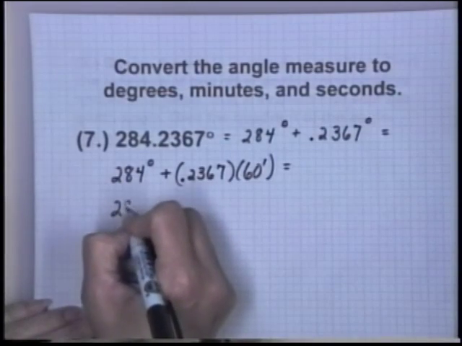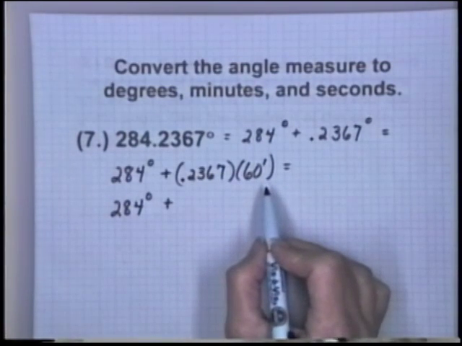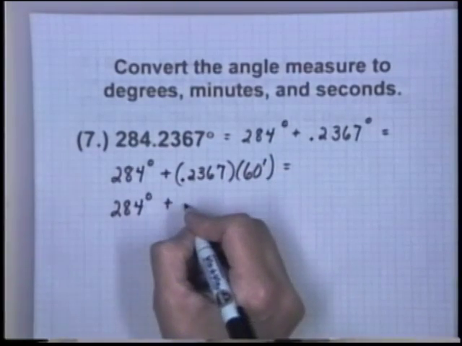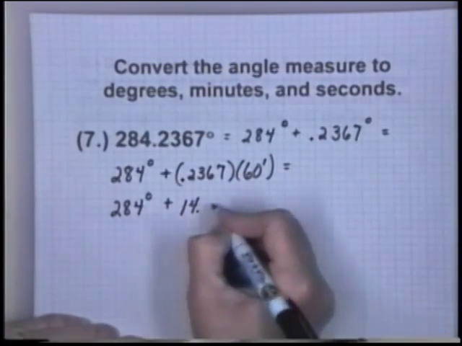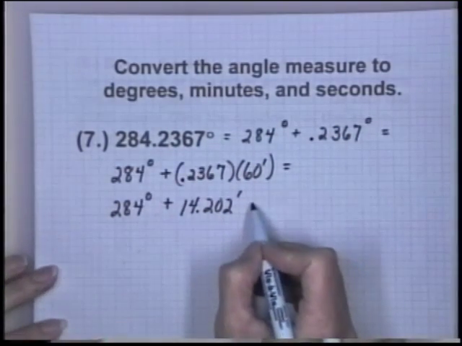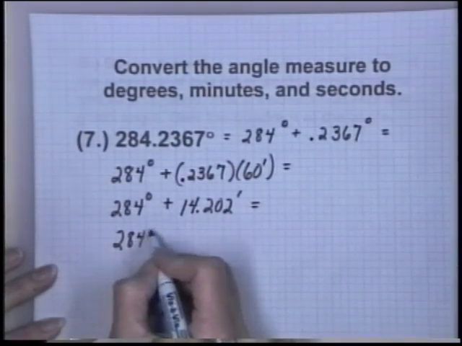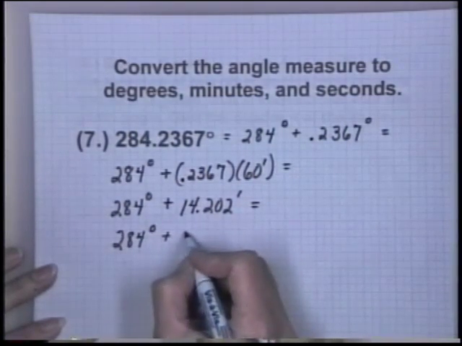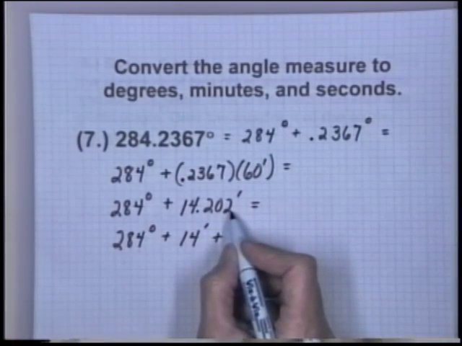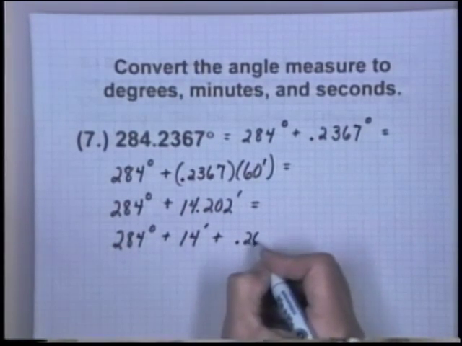Multiply that out with your calculator, and when you multiply 2,367 ten-thousandths times 60, you get 14 and 202 thousandths minutes. So what this means is that this angle measures 284 degrees plus 14 minutes plus the 202 thousandths is part of a minute.